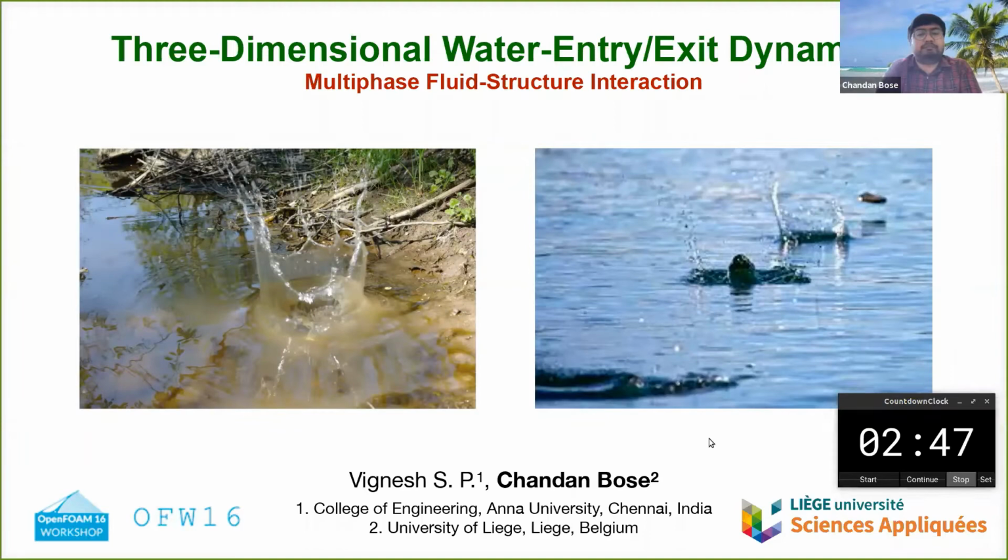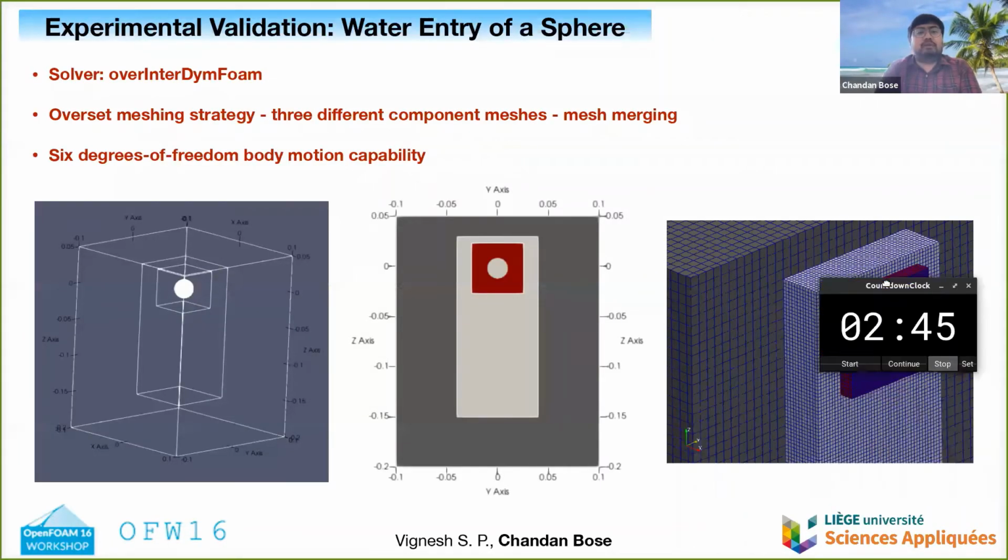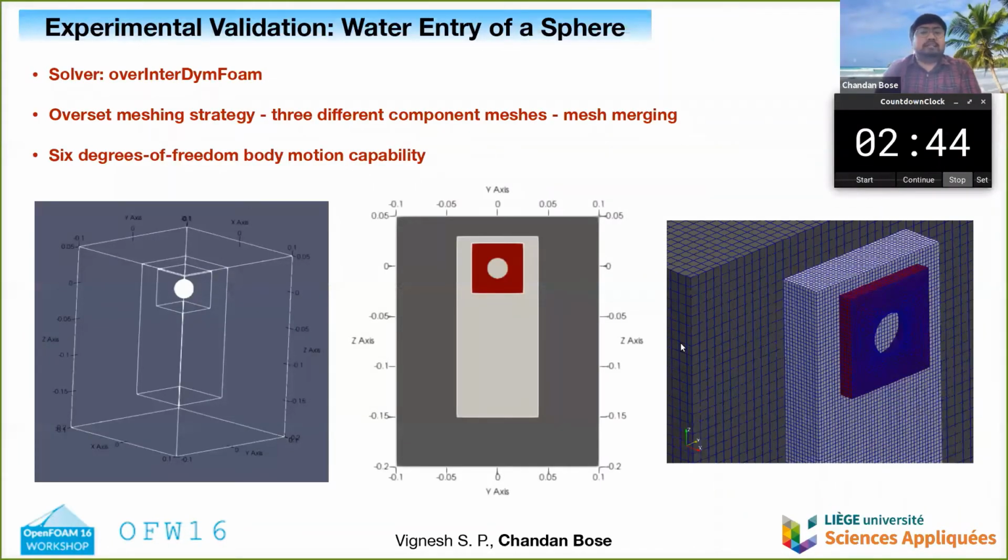Next slide, please. So here, without going into the details of numerical nitty-gritties, I will just give you some very quick claims about what I'm using: interDyMFoam, basically to test the overset meshing strategy. For my validation case, I have chosen an experiment of a falling sphere into still fluid.